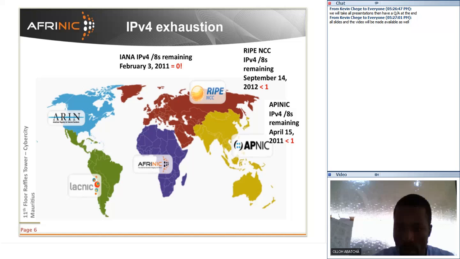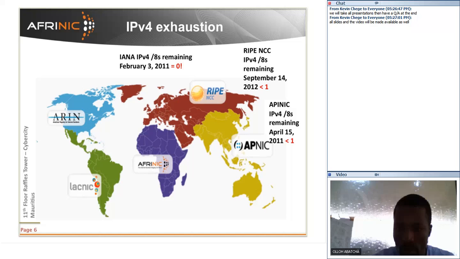As you can see so far, 2 of those 5 RIRs have hit their final /8. So the Asia-Pacific region in April 2011 and RIPE NCC in September 2012, they both reached their final /8, which automatically means a new policy kicks into place where users, ISPs, new members, or even old members cannot request a lot of IPv4 space.